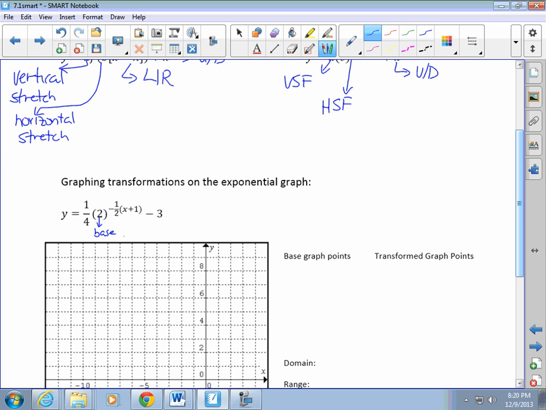Okay, so now what I do is identify my A, B, and my C value is the base, it's the 2, we've already done that, and then your H and K. So my A value is 1/4.